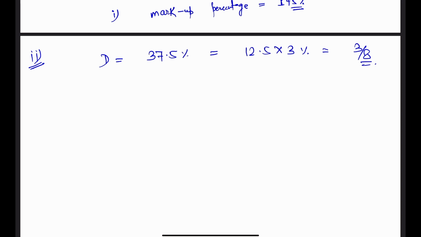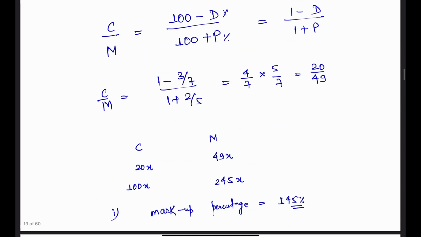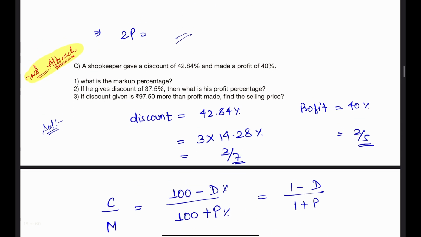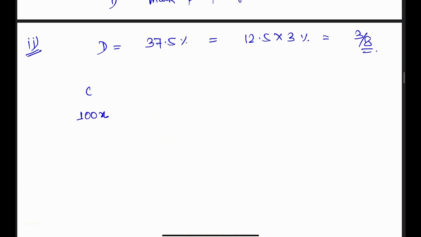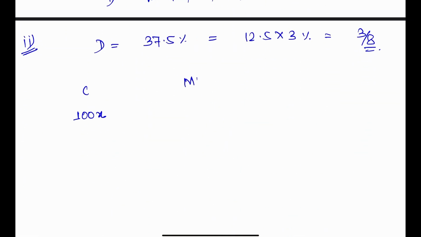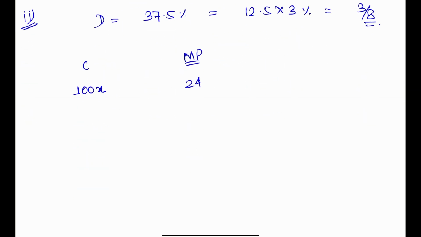Now, if I take this case only, considering my C as 100x, and he gives a discount of 37.5%, then what will be his profit? So right now, what is the markup price? My markup price, according to this question, was 245x.